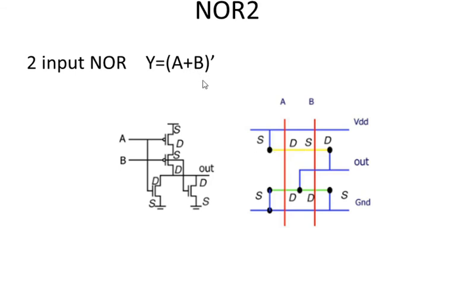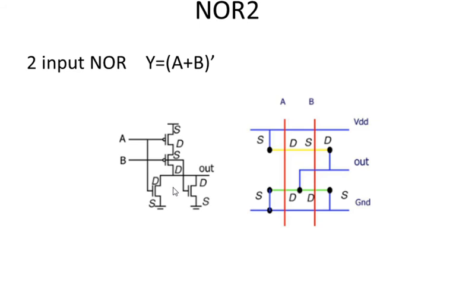Here, 2 variables, so 2 polysilicon sticks are drawn. Similarly, here you need to mark down the terminals of the transistors. Based on this, this stick diagram is formed.